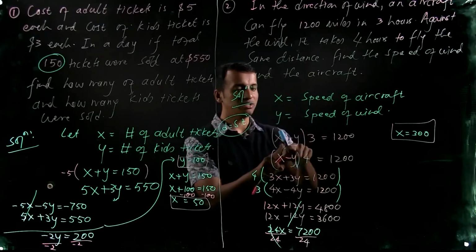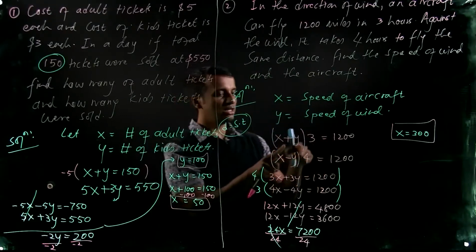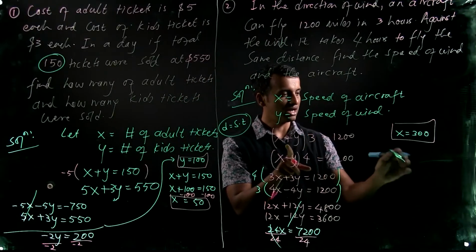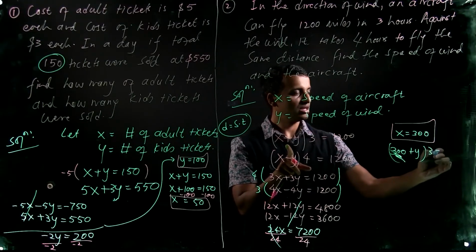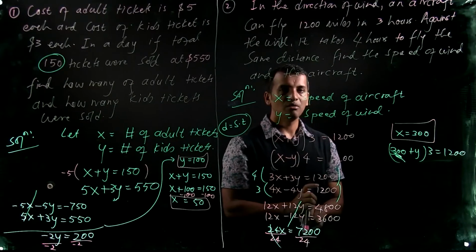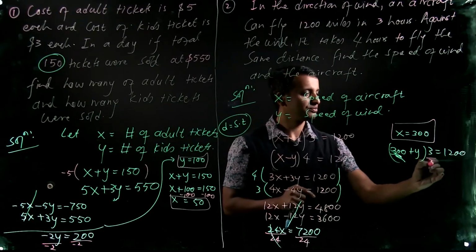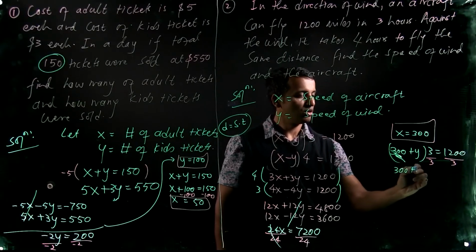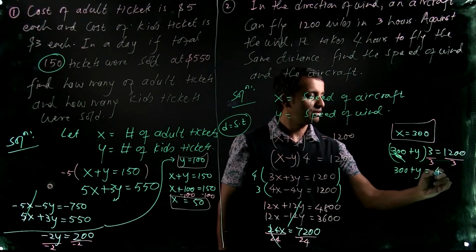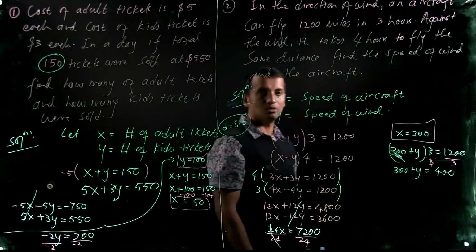Now you plug that x value into one of those two equations. You can write (300 plus y) times 3 equals 1200. Now I want to divide both sides by 3. What do you get? 300 plus y equals 400, because the 3 and 3 will cancel.